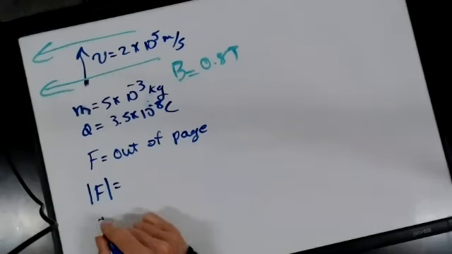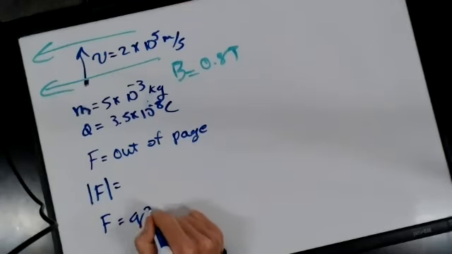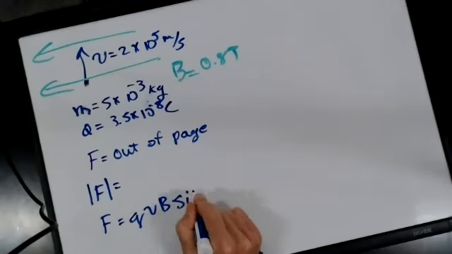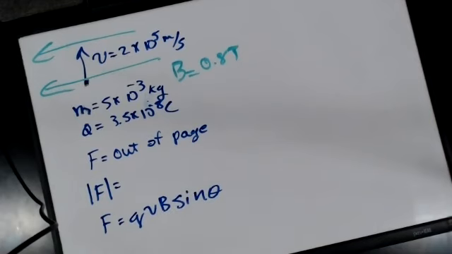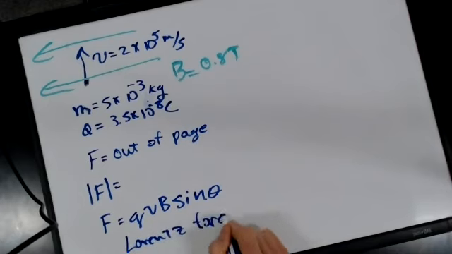Do you remember, the force equals Q times V times B times the sine of the angle? It's called the Lorentz force. He was kind of Einstein's major professor, I think.